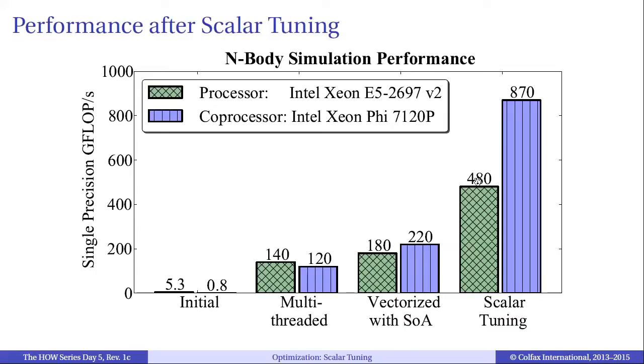On Xeon I got almost 3 times as much performance. This is good. And we touched on 3 areas of optimization: multi-threading, vectorization, scalar tuning. I know that there are 2 more areas: memory traffic and communication. So let me look at memory traffic optimization opportunities in this code.